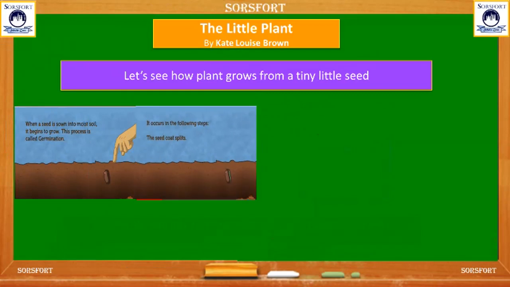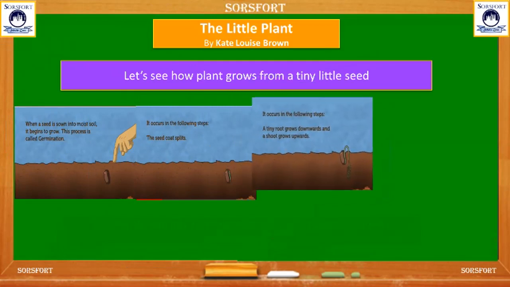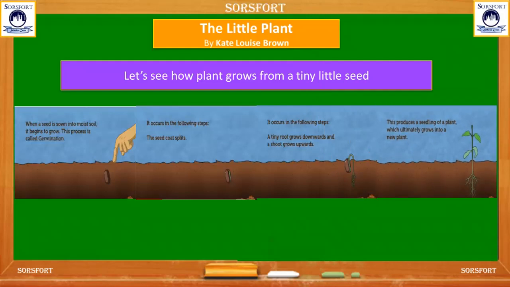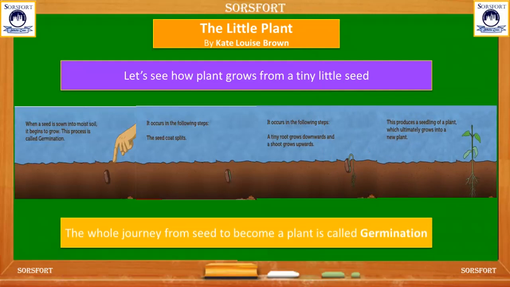The seed coat splits. A tiny root grows downwards and a shoot grows upwards. This produces a seedling from a plant which ultimately grows into a new plant. The whole journey of seed to become a plant is called germination.